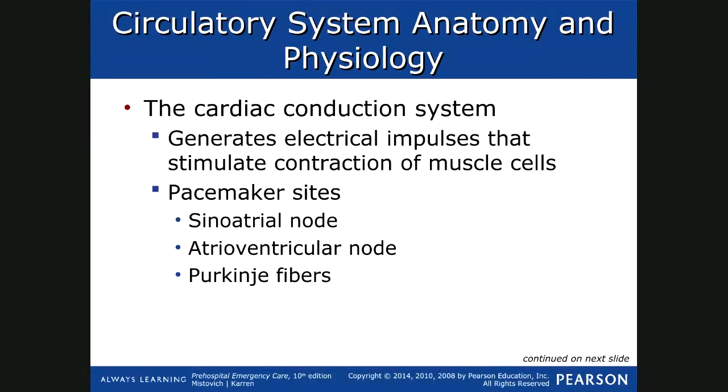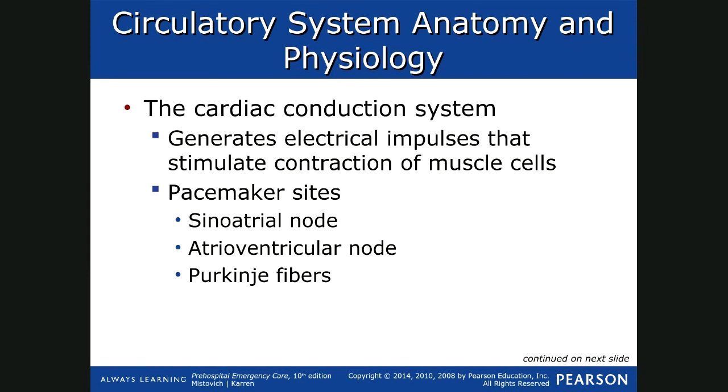The next picture shows where this is located. The intrinsic rate, and what I mean by intrinsic is the normal rate, for the SA node is somewhere between 60 and 100 beats per minute. Now, certainly it can go slower than that, and it can also go faster than that as well, but the inherent rate is going to be between 60 and 100.